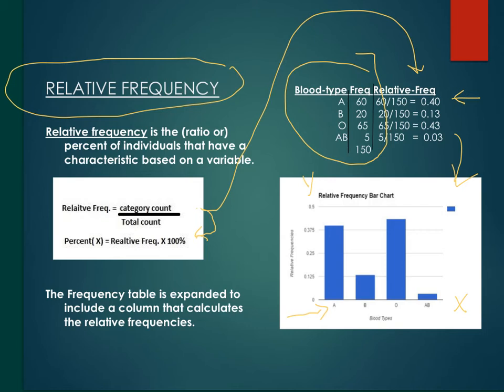In this case, you can again see that O has the largest number of individuals that have the blood type O in this sample. 43% of the individuals have O type, 40% have A type, and the least number of individuals with blood type AB is 3%.